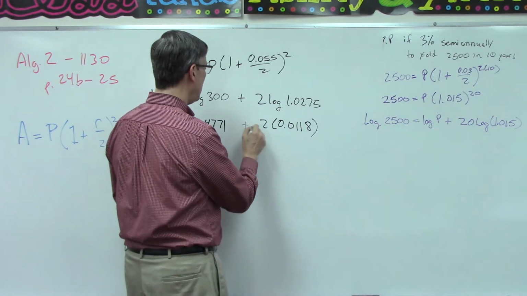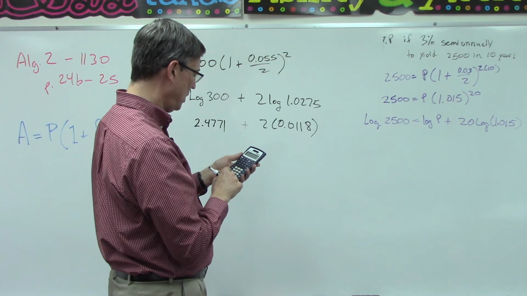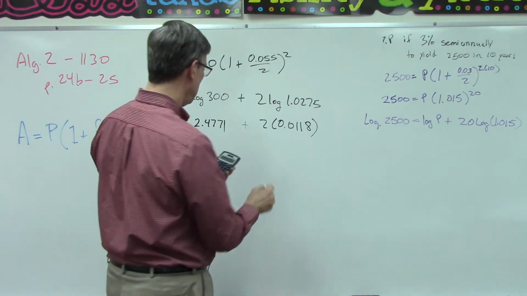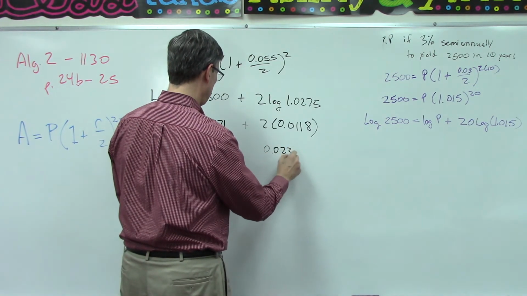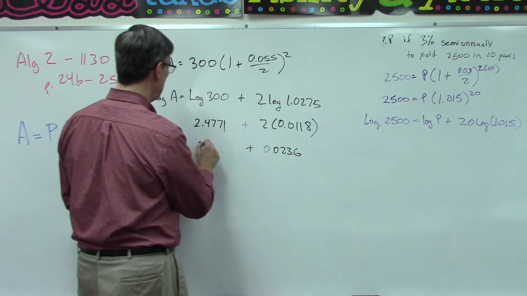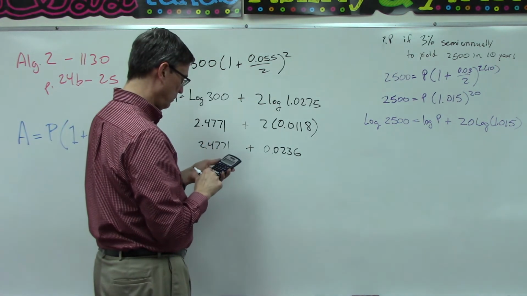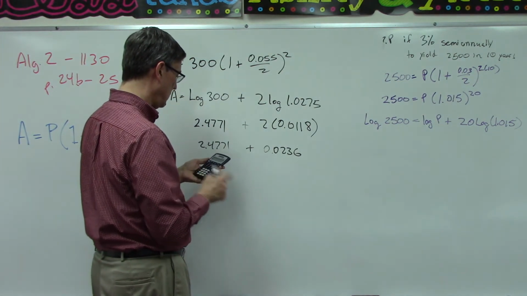All right, so now I'm going to go ahead and take that 0.0118 times 2. So 0.0236. We're going to add that to the 2.4771.